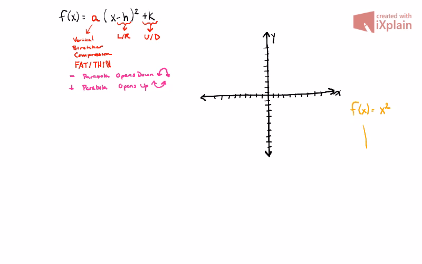And recall that we can do a basic table of values, going from -2 all the way to +2. If we plug these x values into the function, we get 4, 1, 0, 1, and then 4. So this creates our initial parabola.